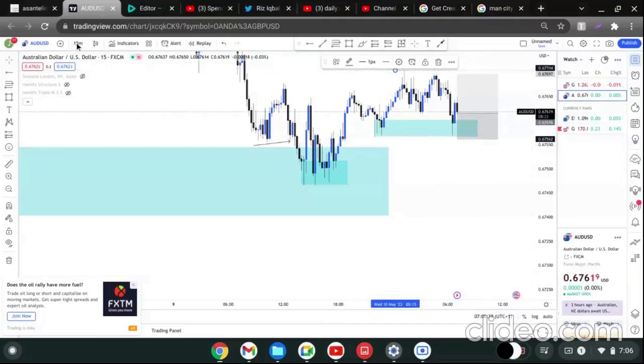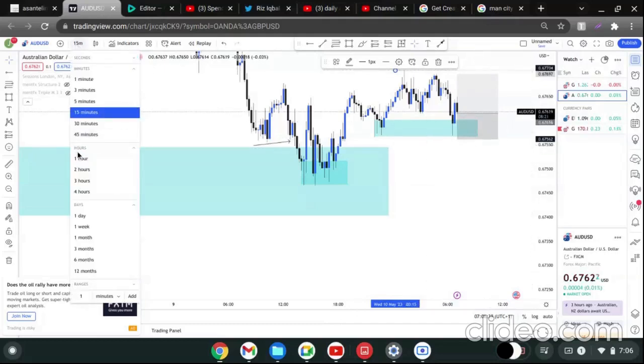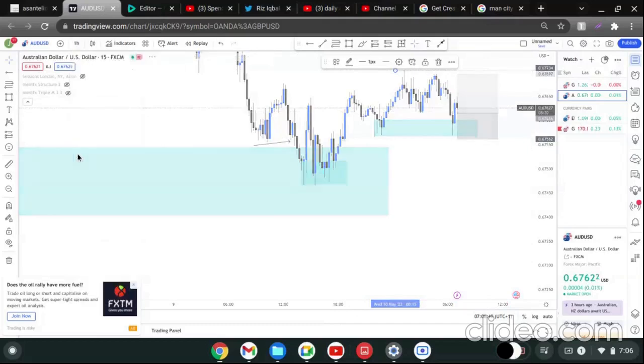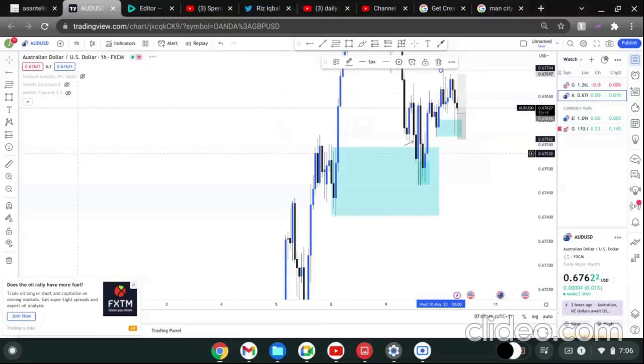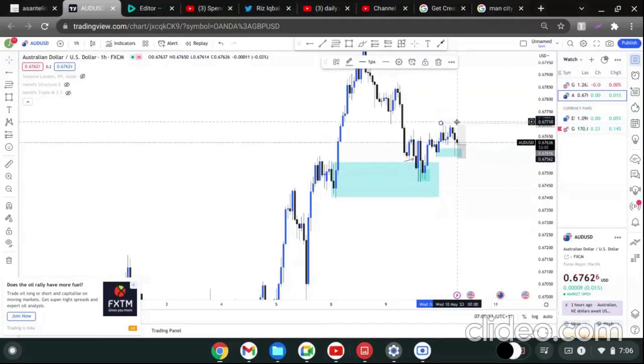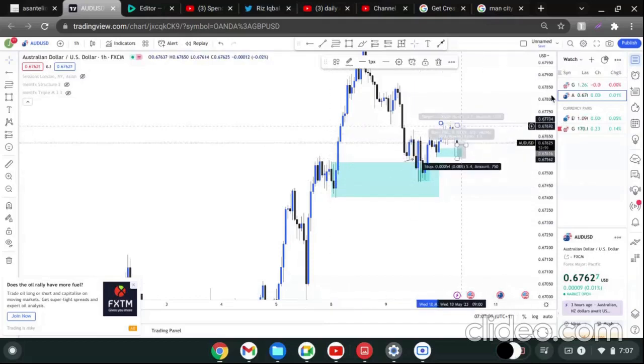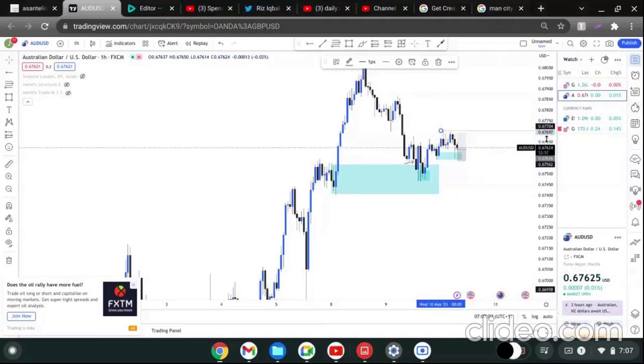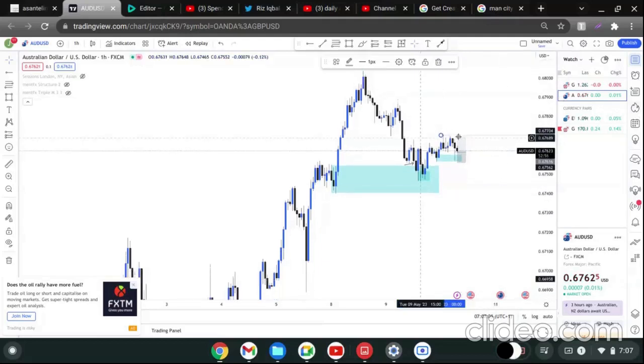But the overall setup, if we go to the 1 hour, this is the overall setup. Impulsive break, price comes back, filling the imbalance, mitigates the order block, shows me signs of moving upwards. And I'm willing to risk my money on the trade because all my rules are being met.